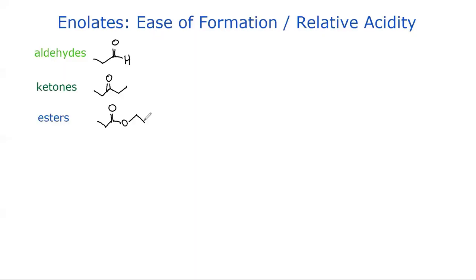It's possible to make enolates from a number of different functional groups, including aldehydes, ketones, esters, and even carboxylic acids.